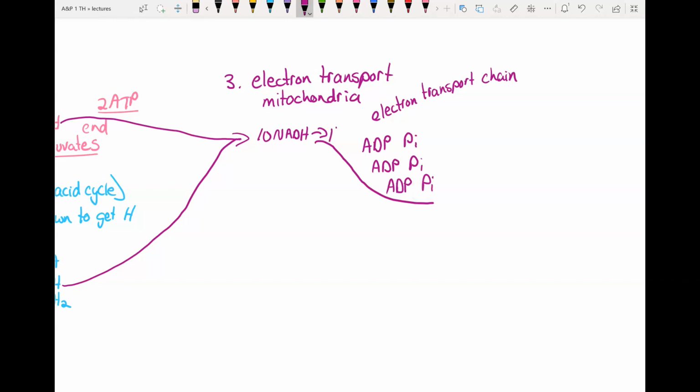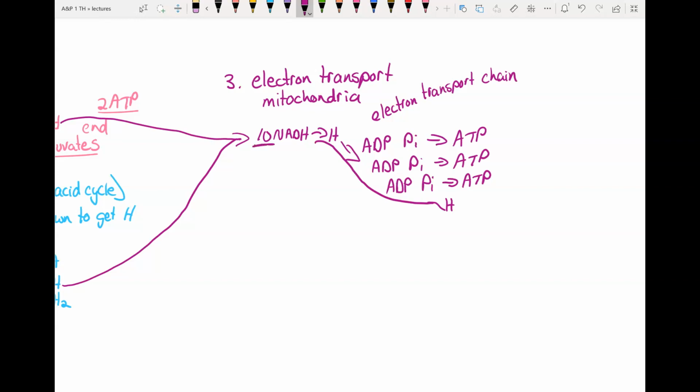So now the hydrogen is here at the top of the slide. The hydrogen goes down the slide. As it does, it pushes these together. So you get ATP. And then you end up with your hydrogen at the bottom of the slide, and you got 3 ATPs.